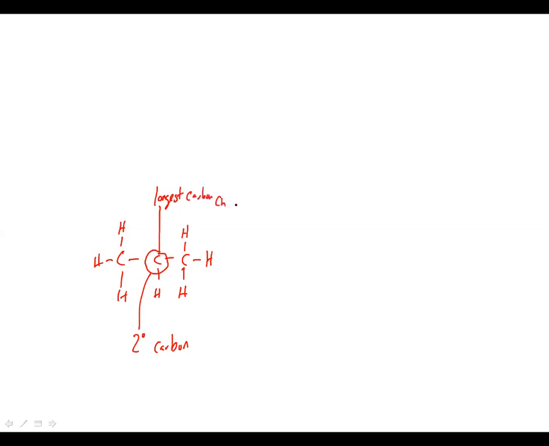And that would be your isopropyl group, while your normal propyl group, the connection would occur at the primary carbon. And that's where it would connect into the longest carbon chain.